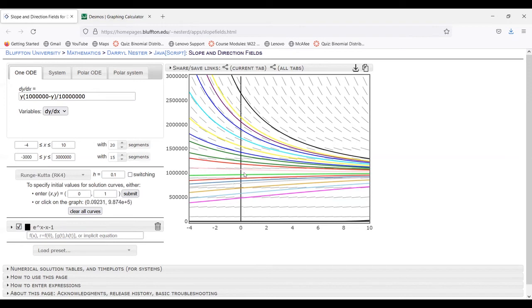On the vertical axis, we have our phase line for 1 million. Just take a look at this. You can click on more of these slope fields to see the behavior, to see the relation. But around 0, you see the curves are diverging.